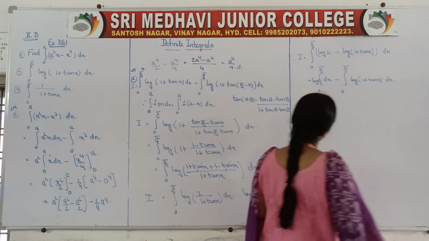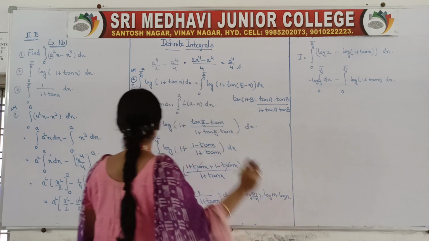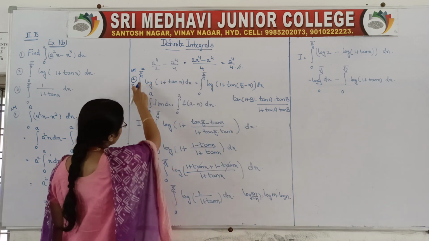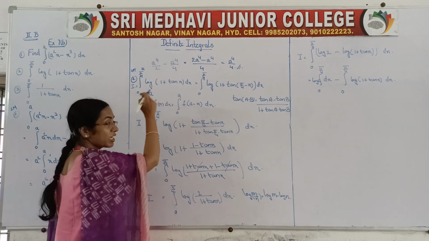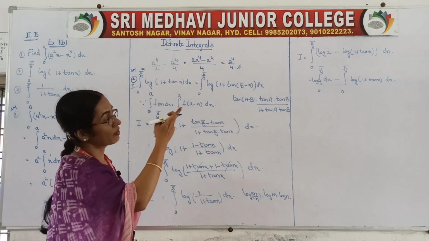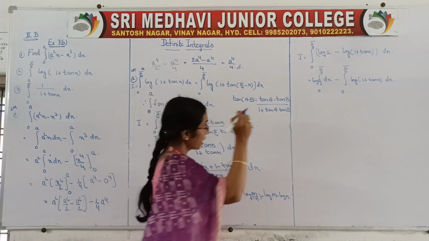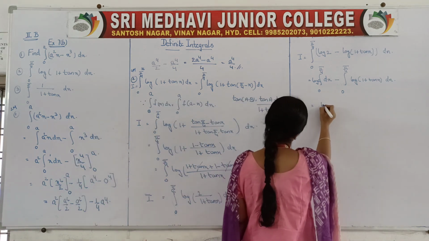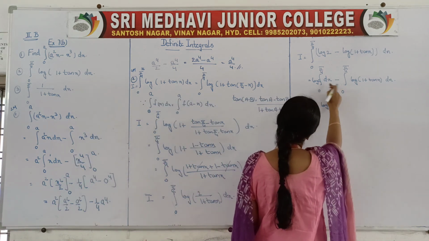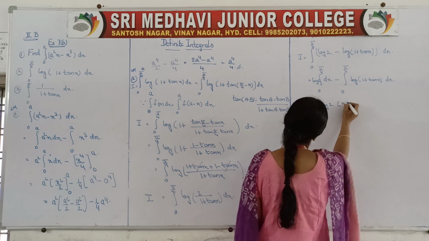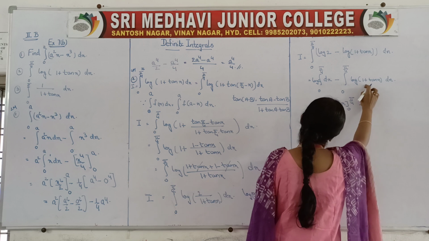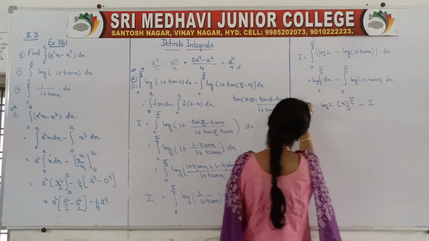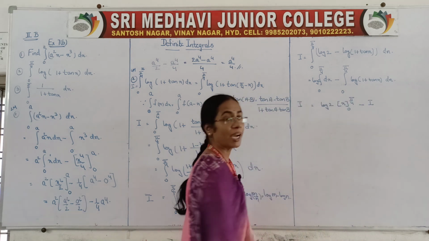In the beginning, if you observe, what is the given question? The given question is integral 0 to pi by 4 log of 1 plus tan x dx. That we considered as I, so that value is I. So it is equal to log 2, integral dx is x, and you take the limits on the right side. And this value is I, so that is minus I.